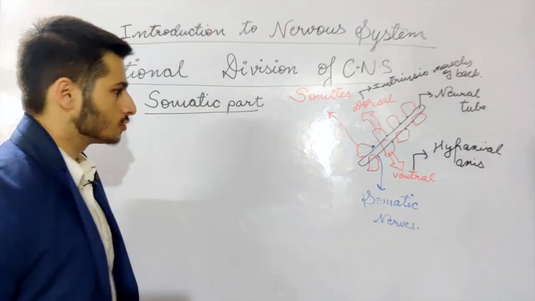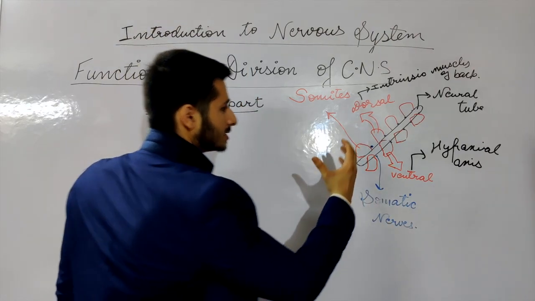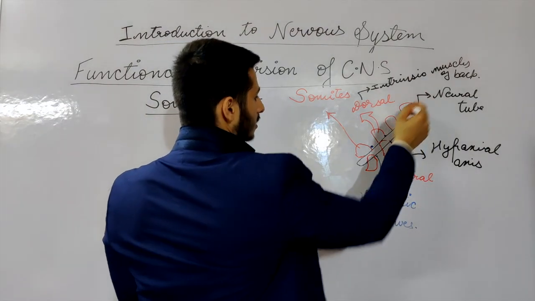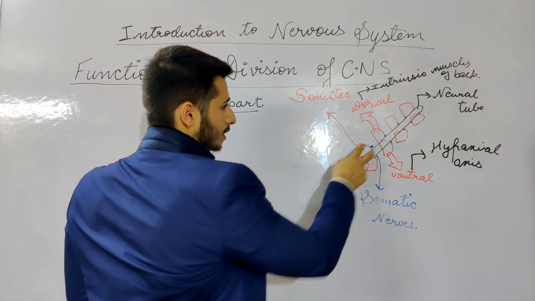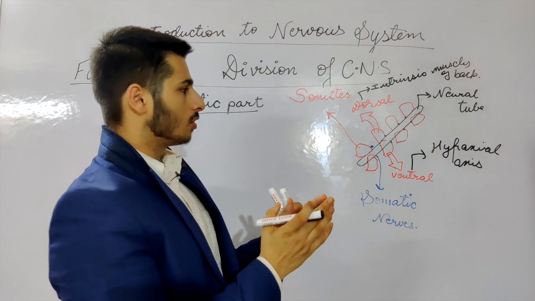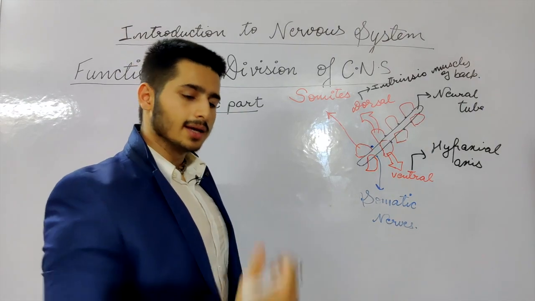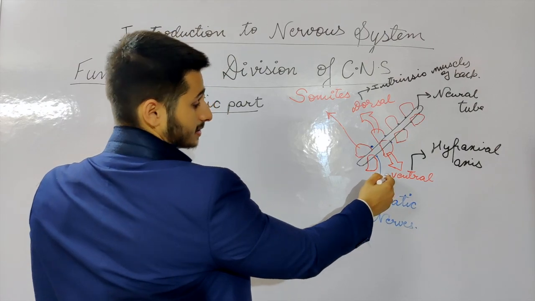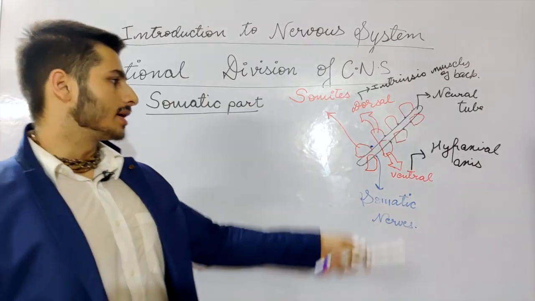And what are somites? Somites are segmental structures that are arranged segmentally along the developing CNS. This is the neural tube. These somites arise segmentally along the neural tube, and cells of these somites migrate into dorsal regions and ventral regions of the embryo. The cells that migrate to the ventral part of the body give rise to the hypaxial muscles.